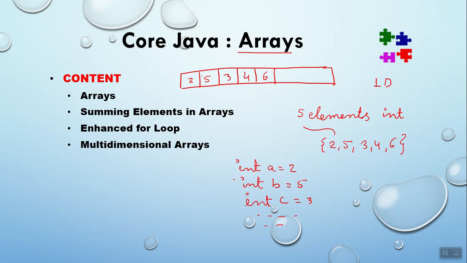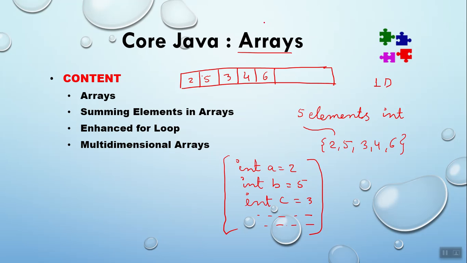You have to keep writing these things. We can solve the problem this way, but in some real-world applications, this will not be an effective solution. So for that purpose we got arrays.